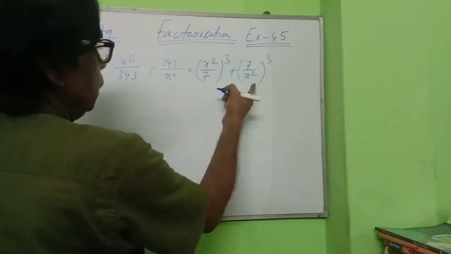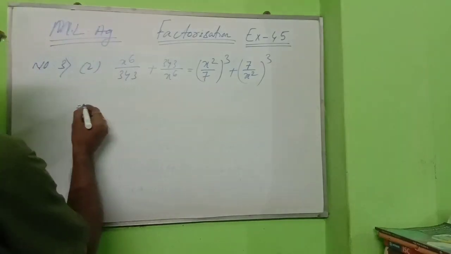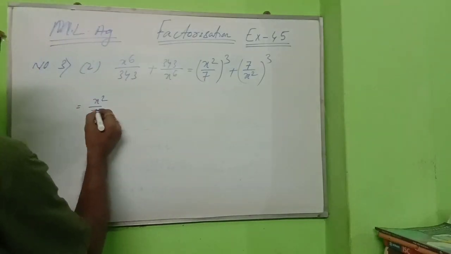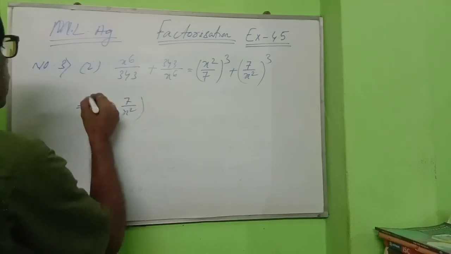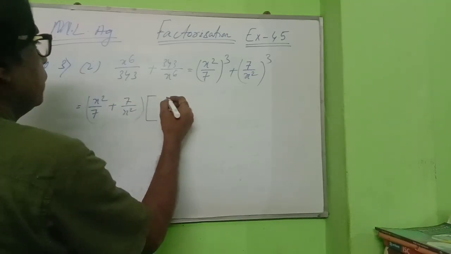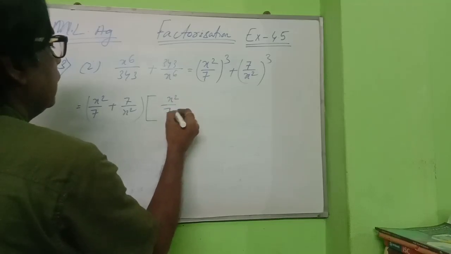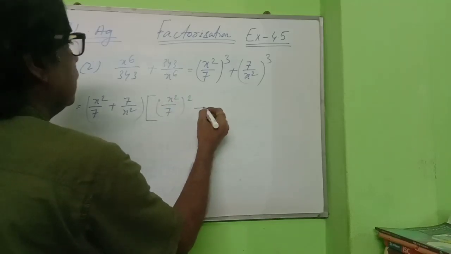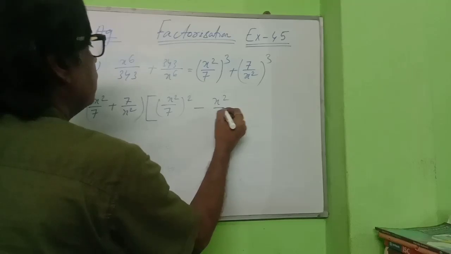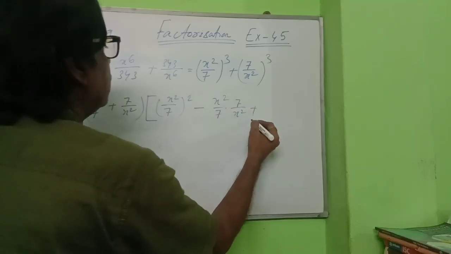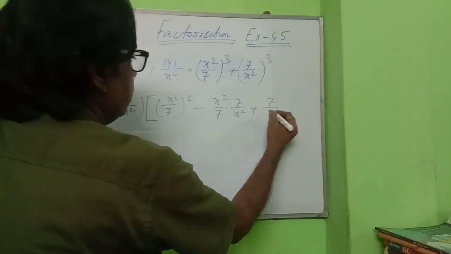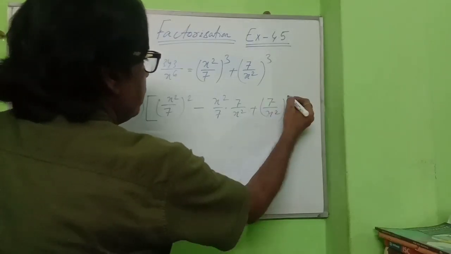Applying the formula a cube plus b cube, that is a plus b whole into a square, means x square by 7 whole square, minus ab, that is x square by 7 into 7 by x square, plus b square, that is 7 by x square whole square.